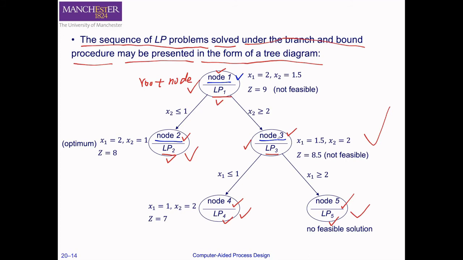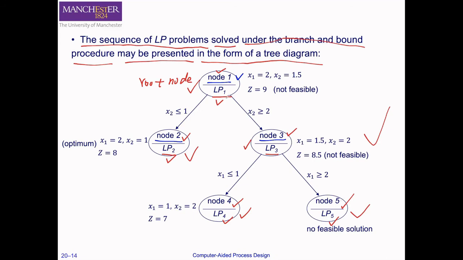Similarly, node 3 is the parent node of nodes 4 and 5, and nodes 4 and 5 are the child nodes of node 3. We can also see node 1 is the ancestor of nodes 2, 3, 4, and 5. Any of nodes 2, 3, 4, and 5 is a descendant of node 1.